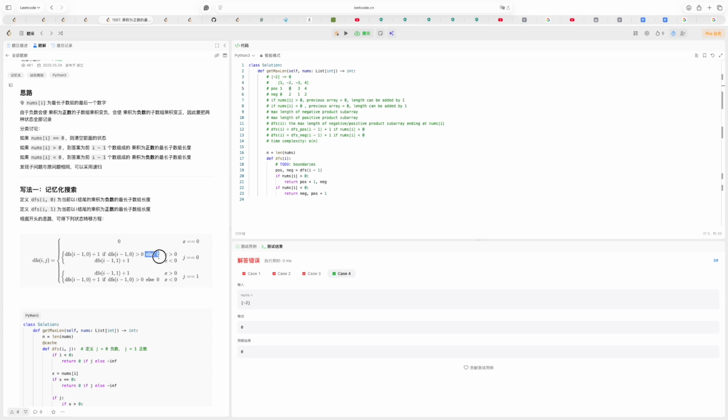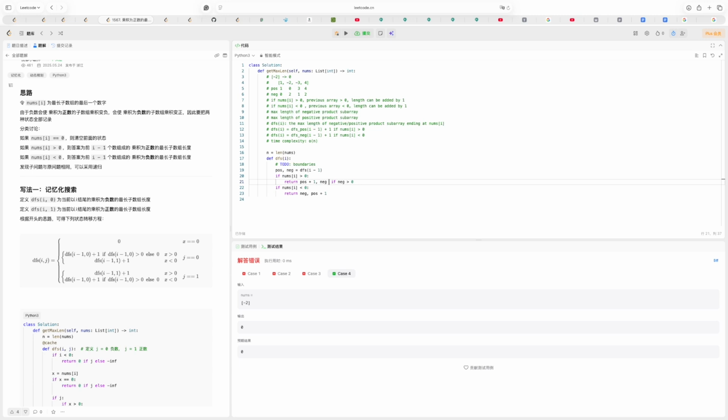Okay, so yeah, this is important. It says, okay, so if x is larger than 0, for its positive it will add 1, but for its negative, if neg is larger than 0, then negative plus 1.